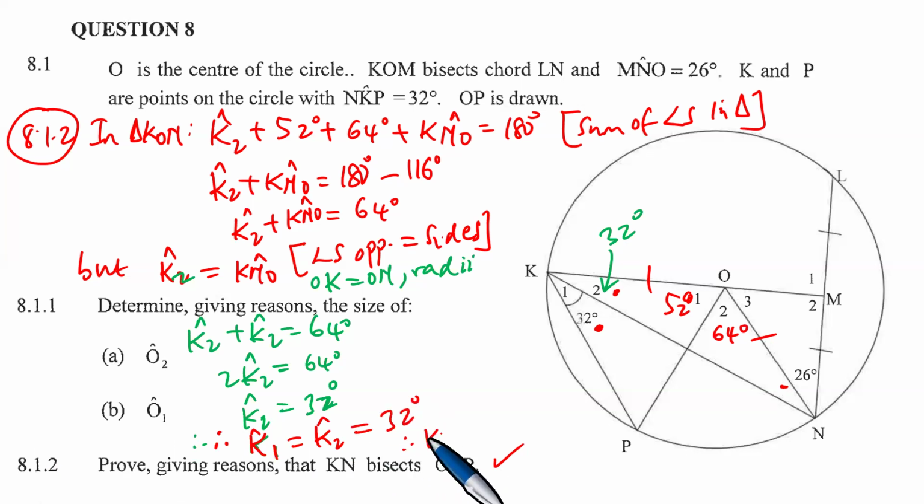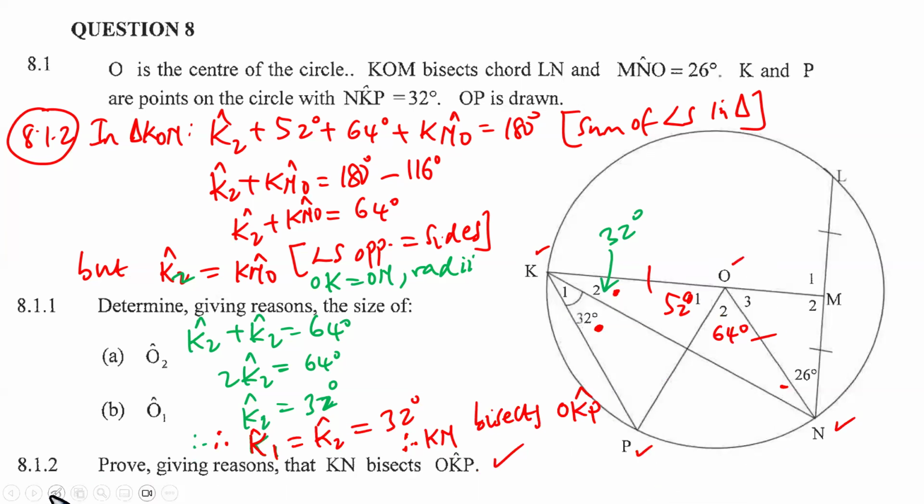And the conclusion, therefore, is that KN bisects angle OKP. So KN bisects OKP.